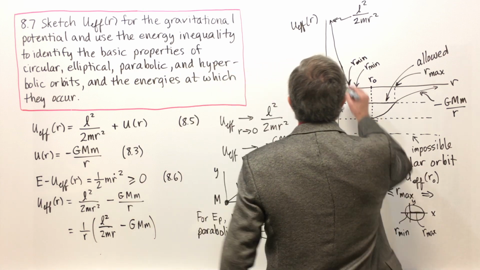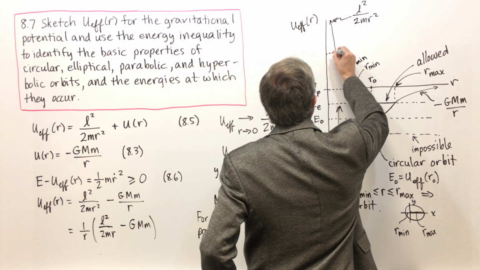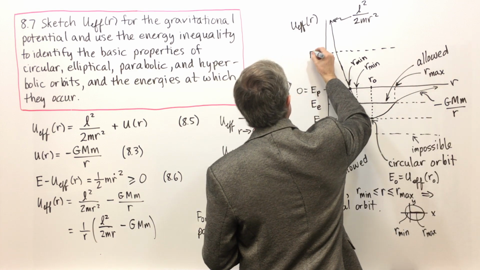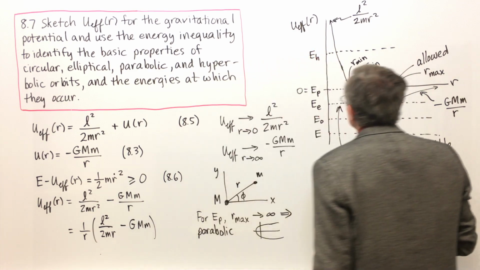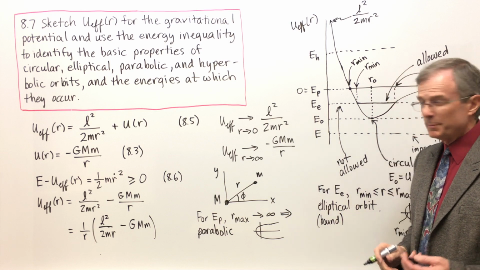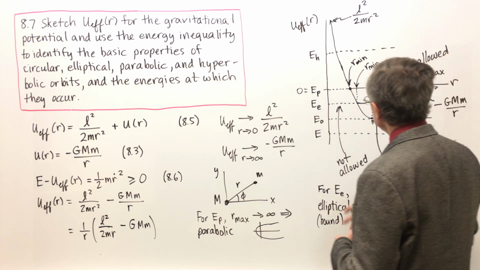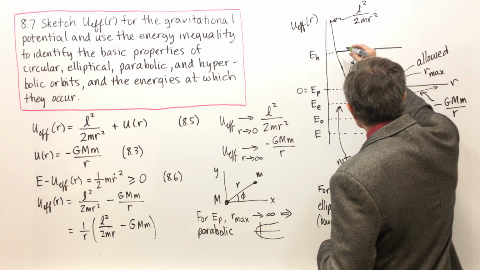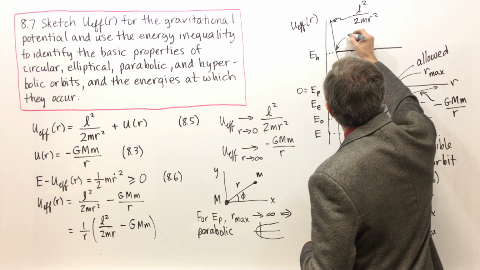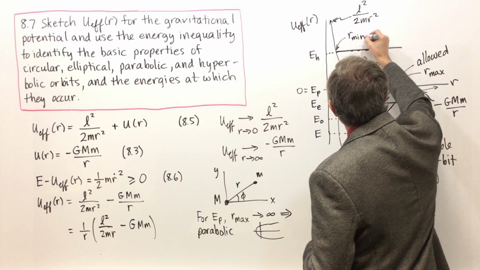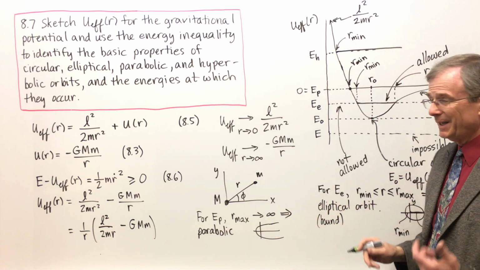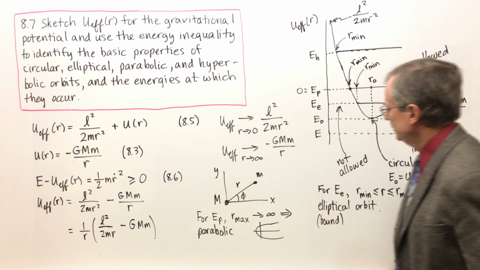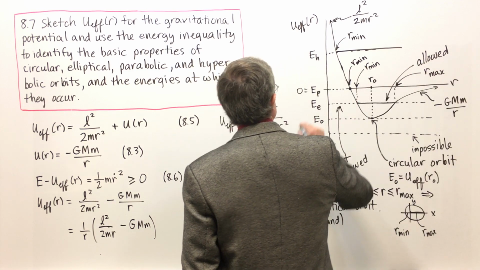And then finally, for EH, which will turn out to be a hyperbolic orbit, this is not allowed and this is allowed. So that looks very similar to the parabolic orbit. It has a minimum and no maximum.